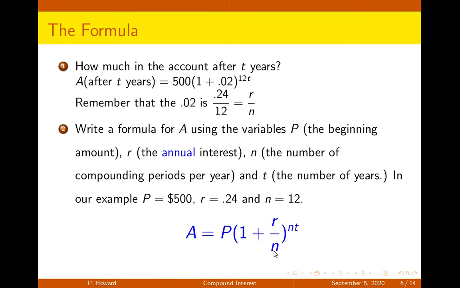Remember, r over n is the monthly interest, raised to the power n times t. So n times t will be the total number of compounding periods. In the problems that you do, you won't have to worry about deriving the formula, just using the formula. So here is the compound interest formula. If you make one single deposit at the beginning and let it sit, this is how to calculate the ending amount.